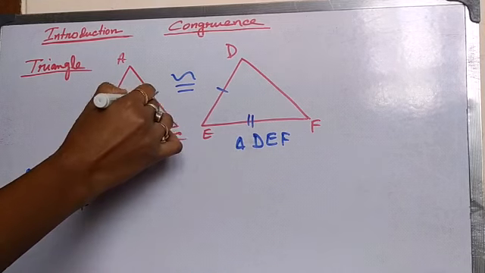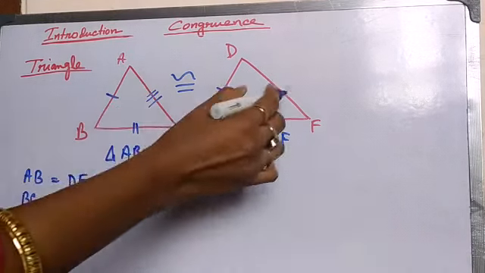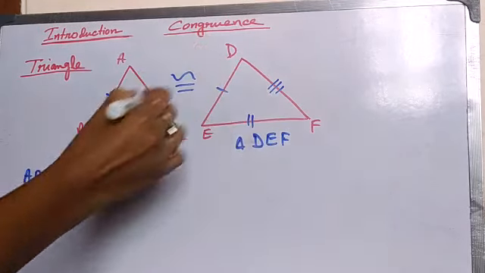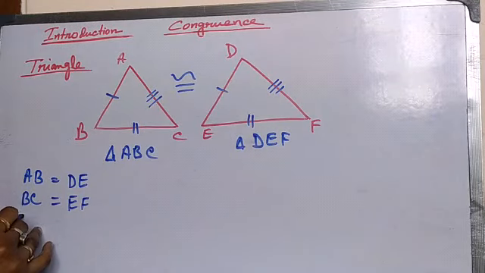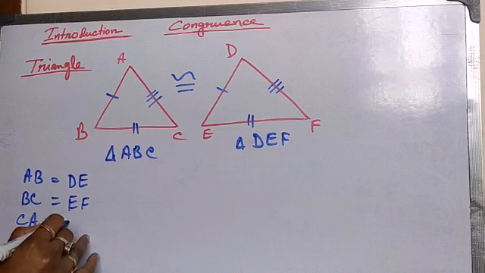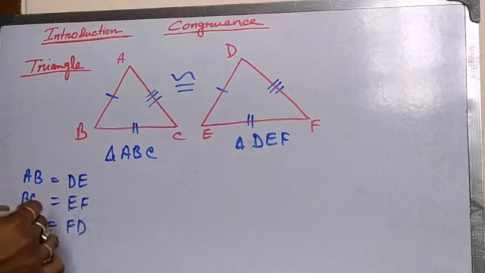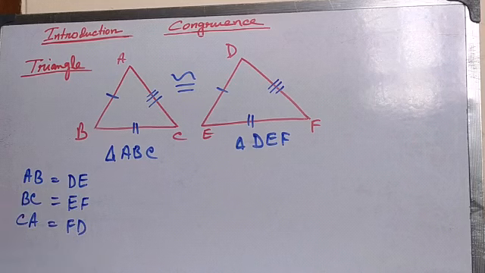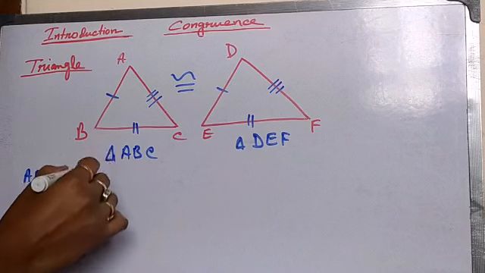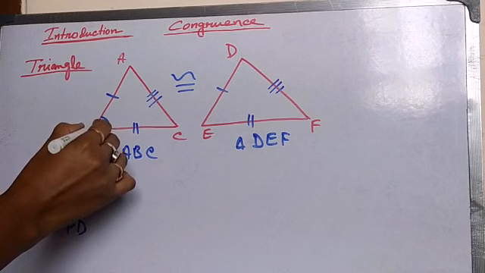And another one, CA equal to FD. So corresponding sides will be equal, as well as corresponding angles will also be equal.